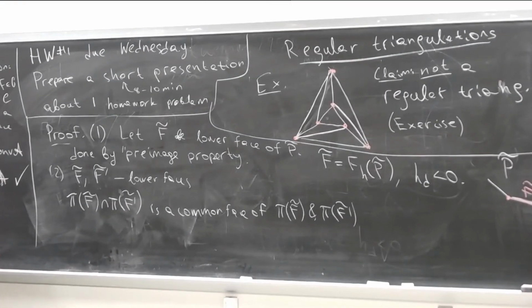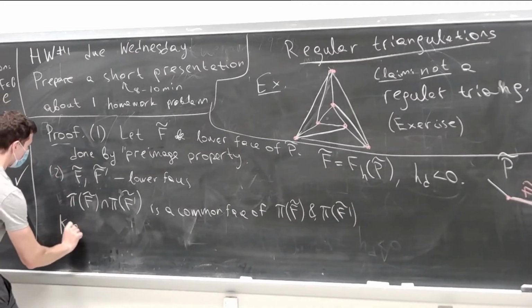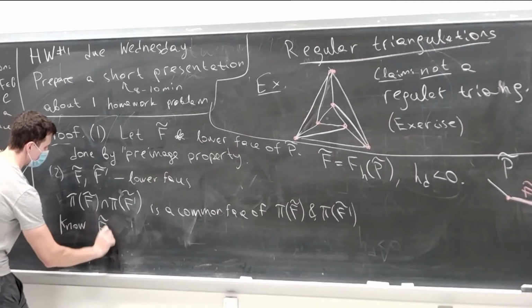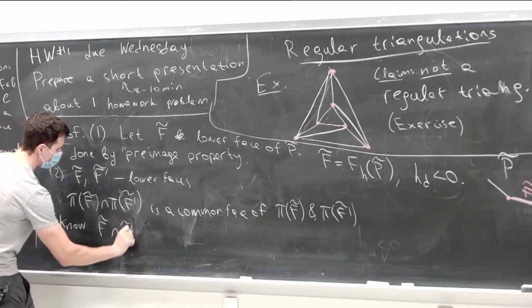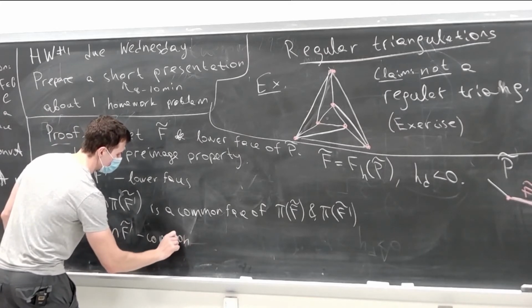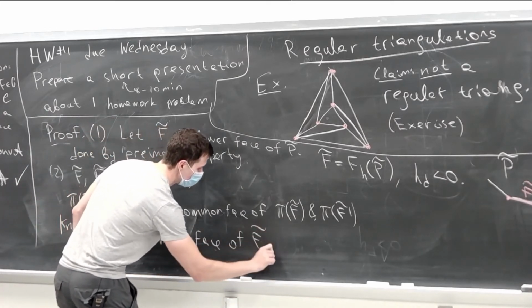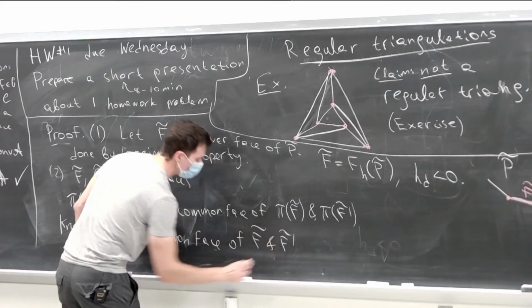Okay, so but that's good. So we know that f tilde intersect f tilde prime is a common face of f tilde and f tilde prime.